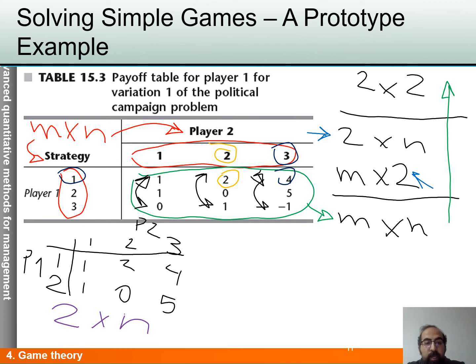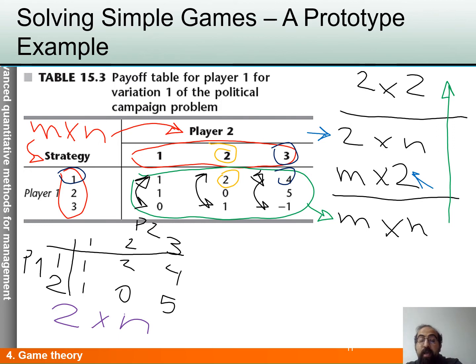Let's review, guys, the elements of strategy 1 and strategy 2 for player 1. 1 is equal to 1. It's possible because when we are talking about a dominant strategy, it is equal or more than that. At this moment, strategy 1 could be better than strategy 2. Let's review the other items. 2 is better than 0. Yes, because player 1 wants to win and be more positive, so 2 is better for it.